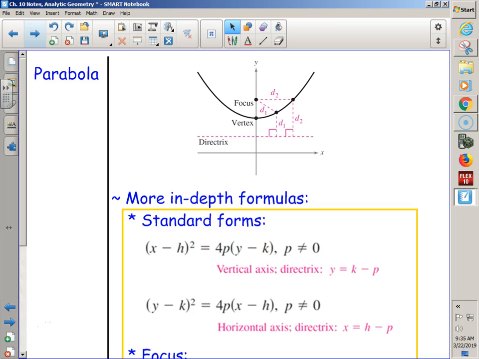Now, it doesn't mean all those distances are the same, in the sense of D1 does not equal D2, does not equal D3 or D4 or D5, because as you can tell, as you get farther away from the focus, the length gets longer. But what is true is that the distance to the focus and the directrix are equal.